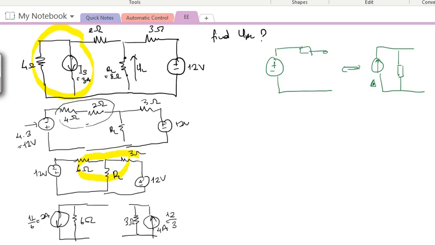So now it is transformed into a current supply with the value of 4 amps. And the rest of the circuit is the same. The rest is basically just the middle, which is RL.